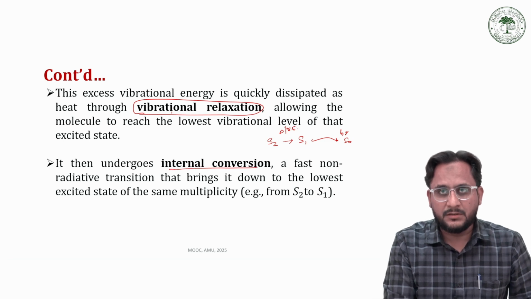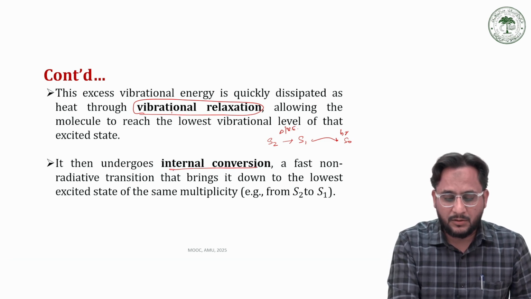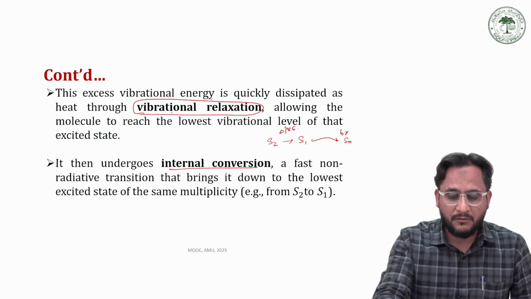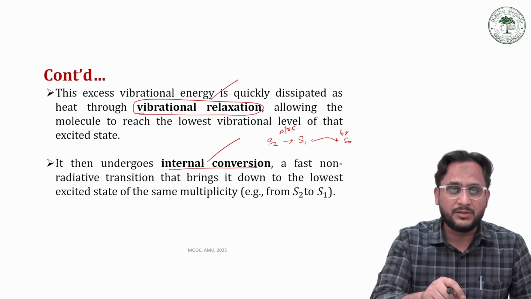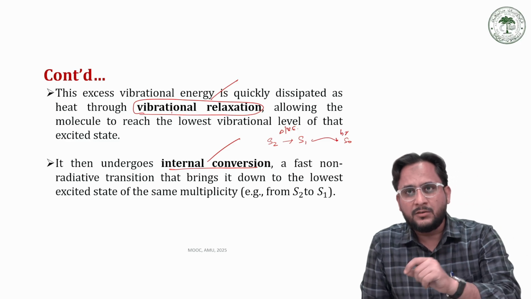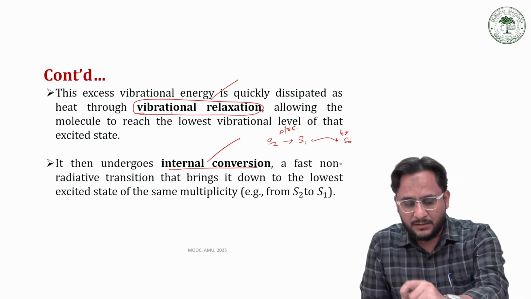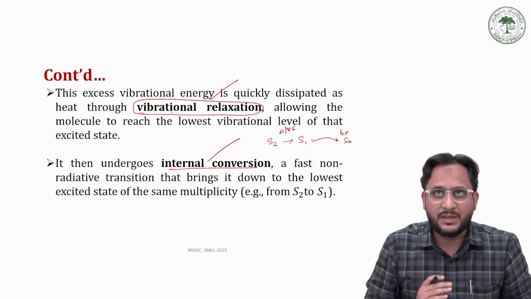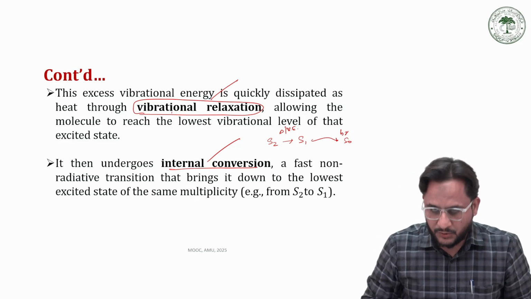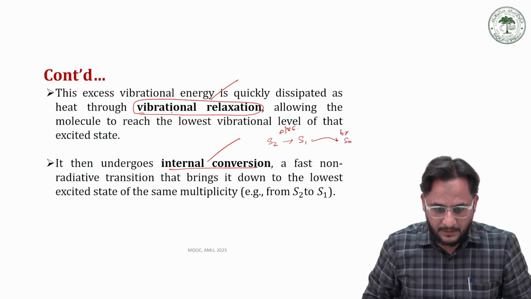This is called internal conversion. So both these phenomena, vibrational relaxation and internal conversion, occur in the excited state as per Kasha's rule. Then only does the electron come from the first excited state to the ground state with simultaneous release of energy in the visible region, showing the phenomenon of fluorescence.